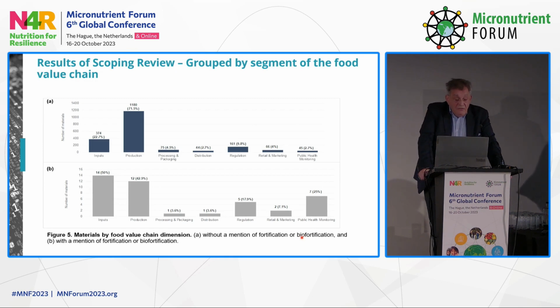If you go down along the value chain, and I basically have to look now, it's even too small for me, but you have the highest value not in the input, but on the production side. The upper part of the graph is basically the total numbers of publications, and there are over 1,000 of the 1,600 related to production. It's agriculture.